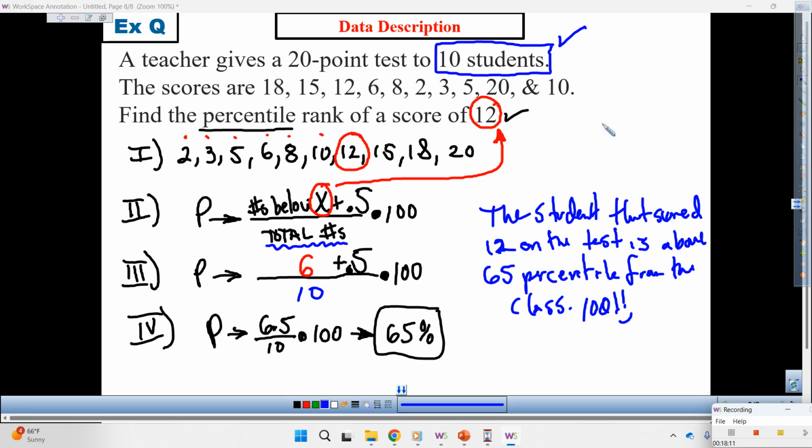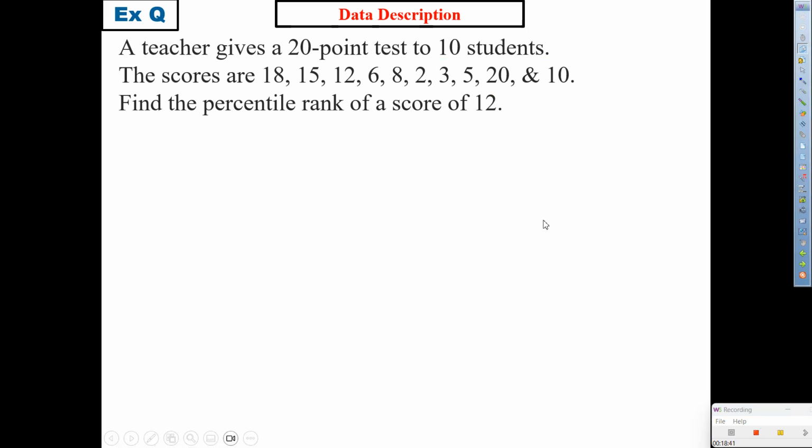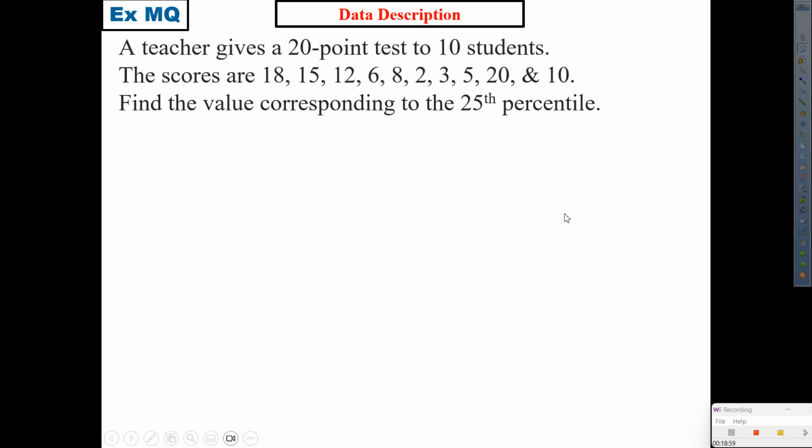All right, thank you. So, look up. So if I was to give you this problem right here, what's the only thing that changed? The 6, is that correct? So the process we already know: ascending order, look for the 6, how many numbers below, substitute into the formula, and that's how you find your percent. Yes? All right.